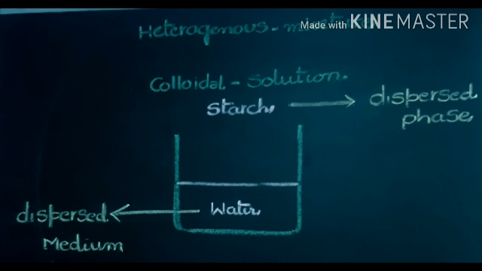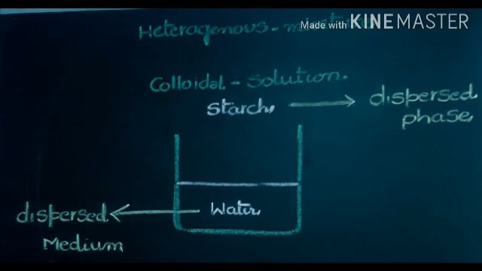Here starch is the dispersed phase and water is the dispersion medium. Of course, if you compare with the homogeneous mixture, the true solution, the dispersed phase almost compares with the solute and the dispersion medium compares with the solvent.